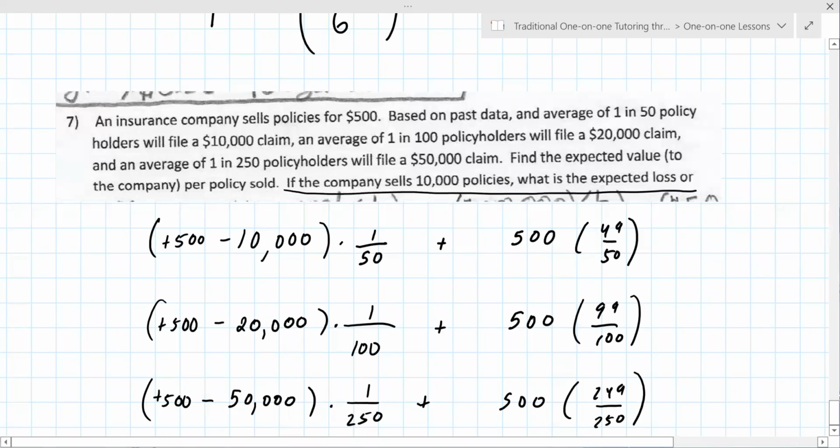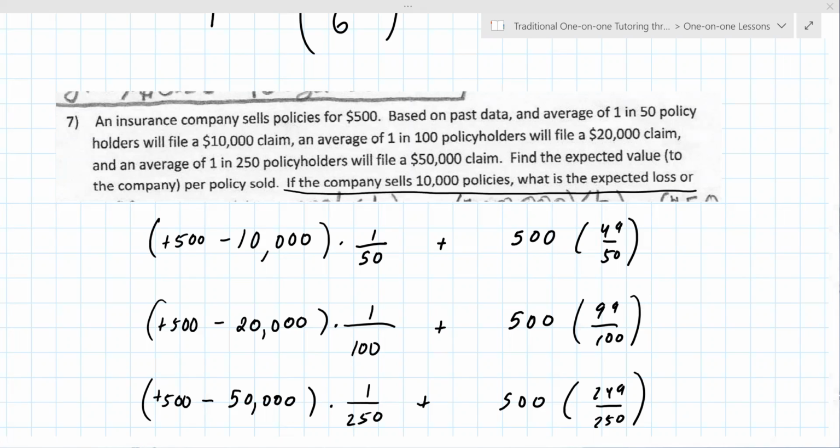Okay, so the teacher did one similar. You put 500, and 500 is plus because you don't have a minus. And then you minus 200 and then you minus 200. So you get 500 and there's 100% chance that the company is going to keep it, so you divide 500 by 100, which is 500. Then you minus 10,000 divided by 50, because there's a 1 in 50 chance that they'd lose it.